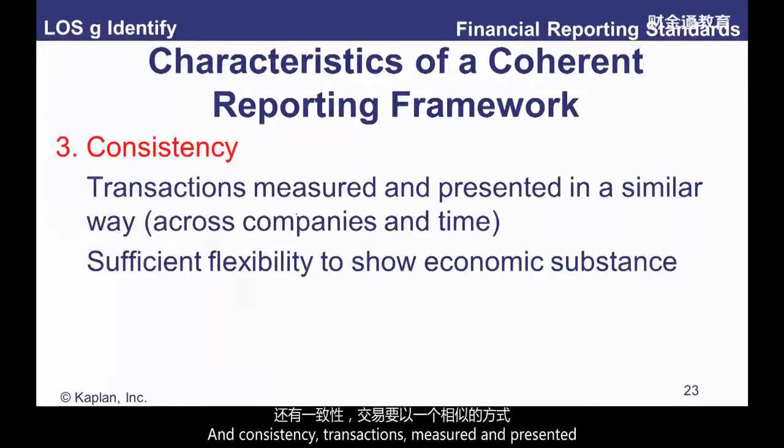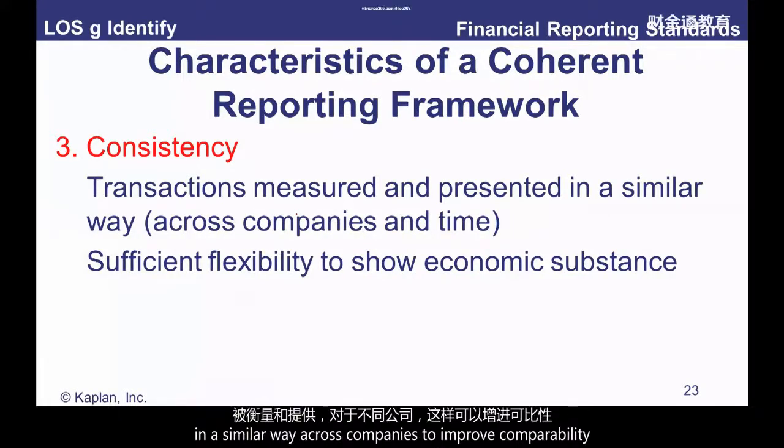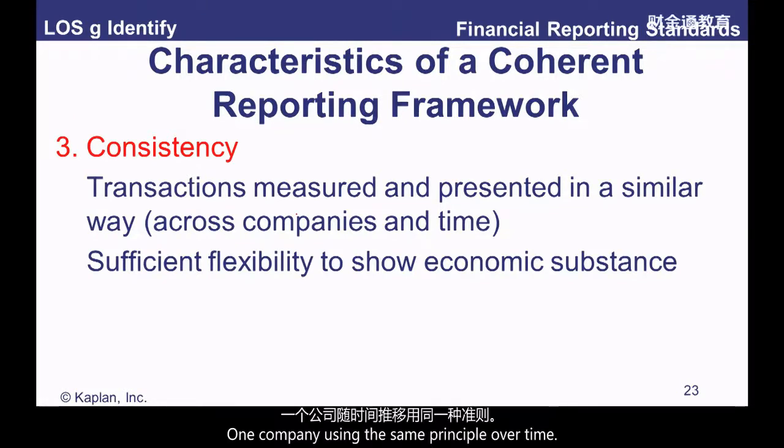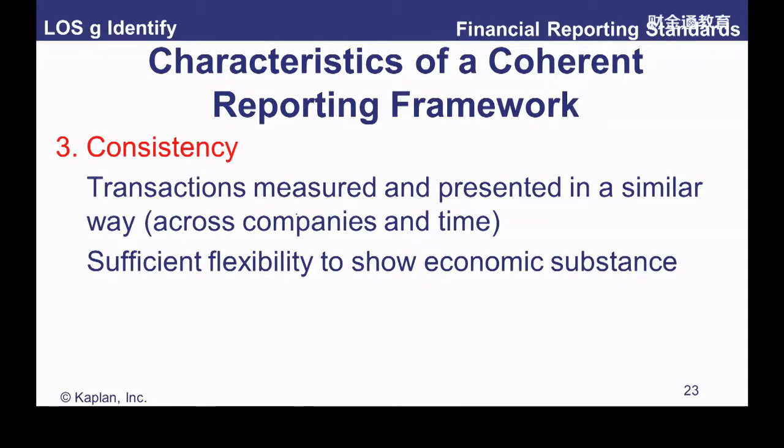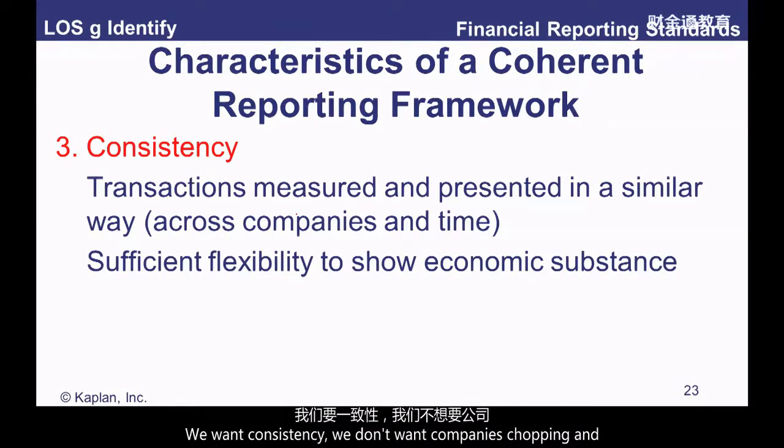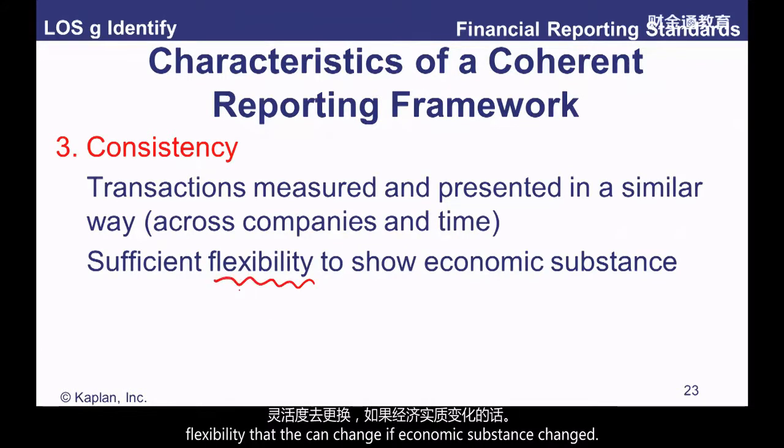And consistency, transactions, of course, measured and presented in a similar way across companies to improve comparability and across time. So again, one company using the same principle over time. So number one, we want consistency. We don't want companies chopping and changing their accounting principles, but we also need the flexibility that they can change accounting principles if the economic substance has changed.